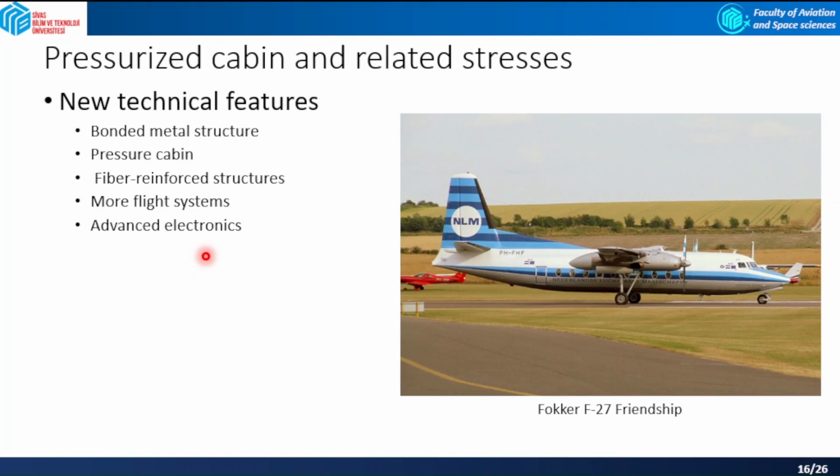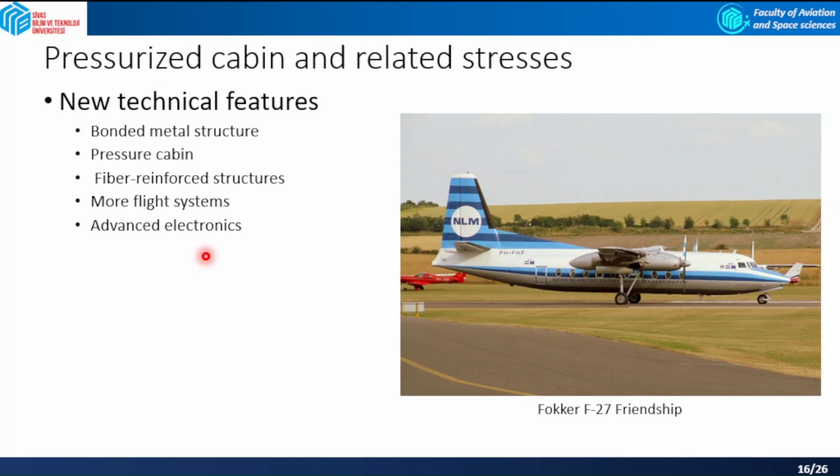So the incorporation of a pressure cabin was very crucial at that time for flying at high altitudes, particularly above 10,000 feet or 3 kilometers altitude, where the air becomes very thin and you cannot easily breathe.